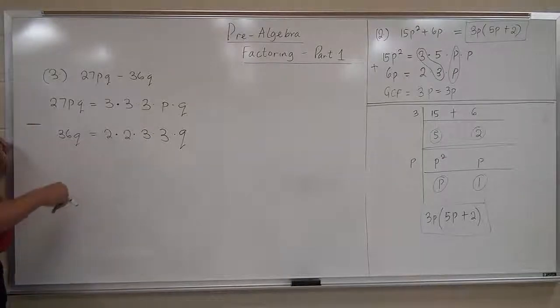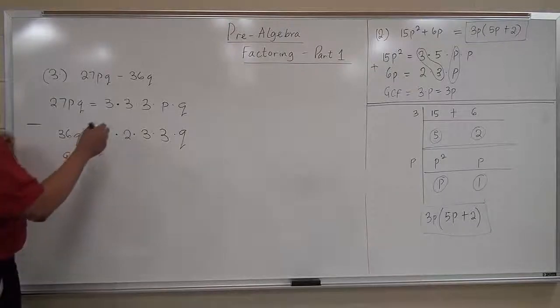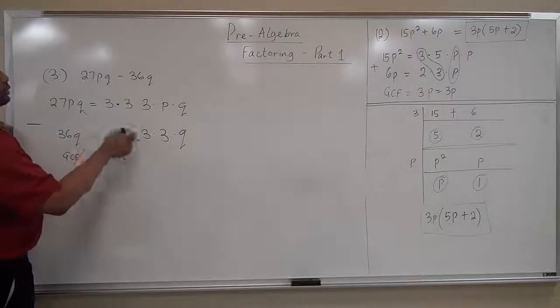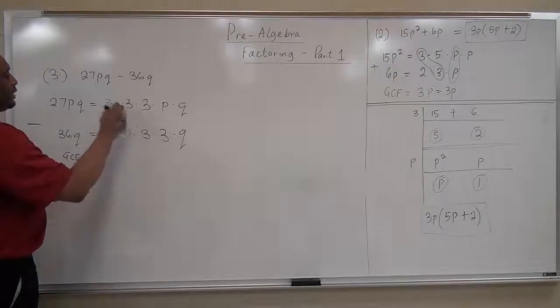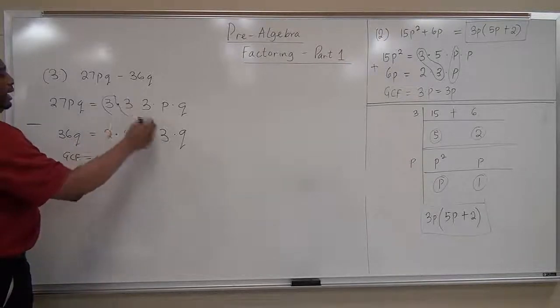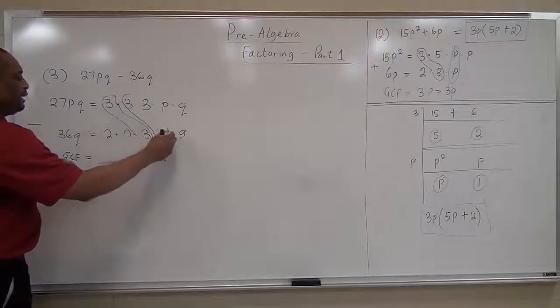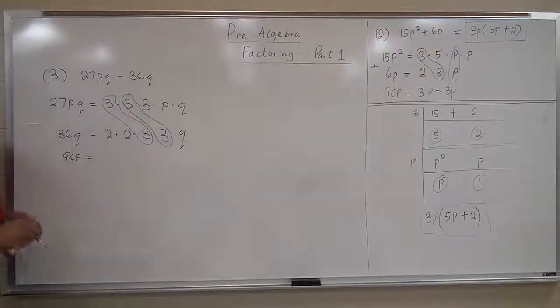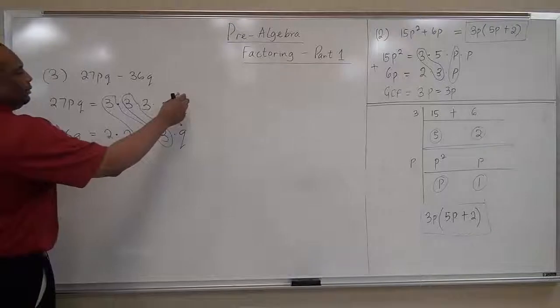So this will be what now? What would this be? The GCF will be, we see that 2 is not here, 3 and 3 is common. So we have 3 and 3 here, okay? 3 and 3 here is common. And then Q and Q is common.